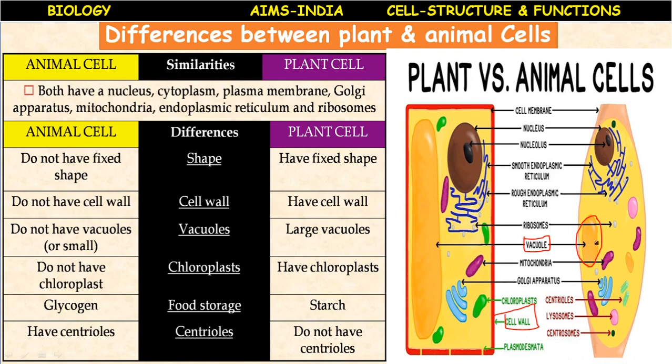If they are present in animal cells, they are small in size, whereas in plant cells they are large in size.